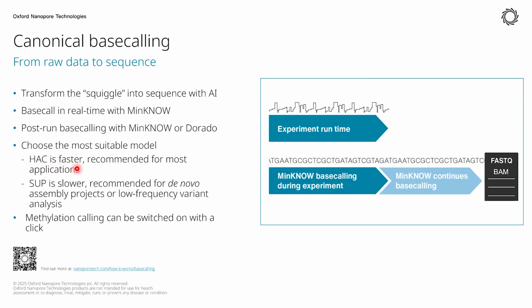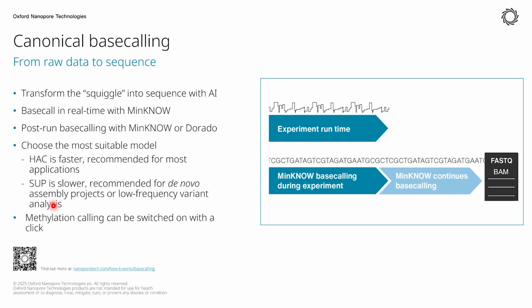This is faster, and it is recommended for most applications. We also have the super accuracy model, which we mostly use for de novo assembly projects or low frequency variant analysis, and it is very slow. It takes a long time.